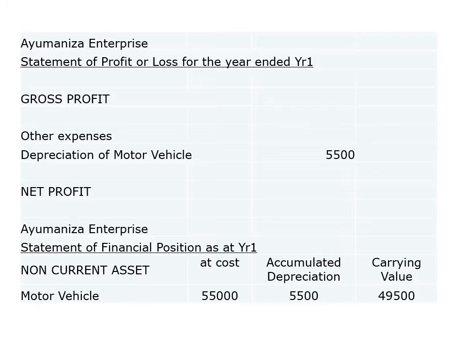In the statement of financial position year 1, you will see that the non-current tangible asset is motor vehicle. The cost is 55,000. The accumulated depreciation is 5,500. The carrying amount would be 49,500.